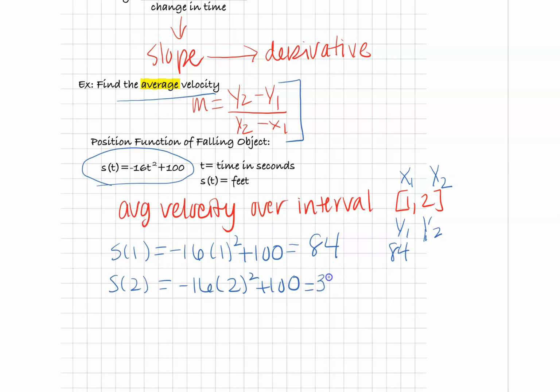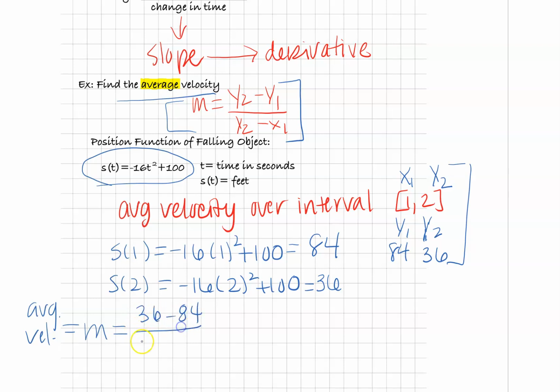So that would give me 36. And that would be my y2. Now I have enough information that I can do my slope formula. So I say average velocity or slope would be equal to, let's see, 36 minus 84 all over 2 minus 1.